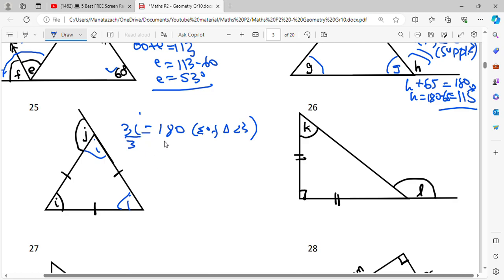So divide by 3 both sides, find that I is 180 divided by 3, which gives us 60.